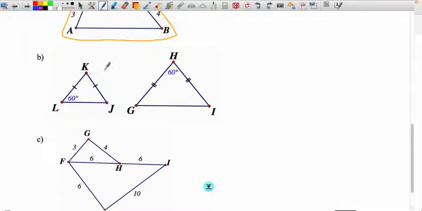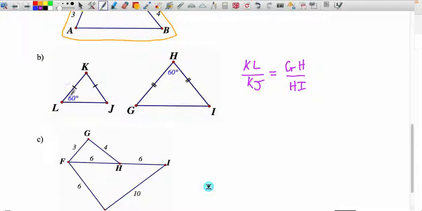The ratio of KL over KJ is going to produce a ratio of 1, and likewise the ratio of GH to HI will also produce a ratio of 1 if they're congruent. So we've already established corresponding sides are proportional, but the question is whether the angle included between them is congruent for an SAS similarity proof.